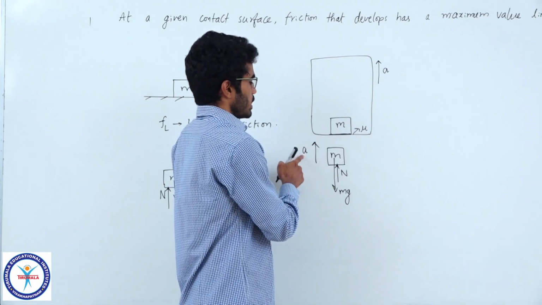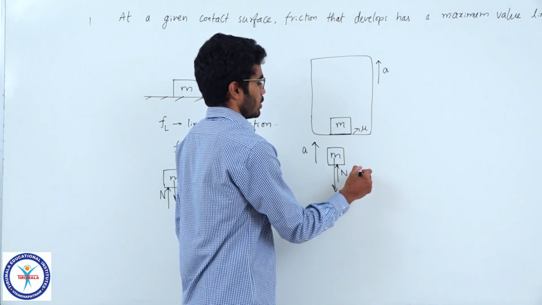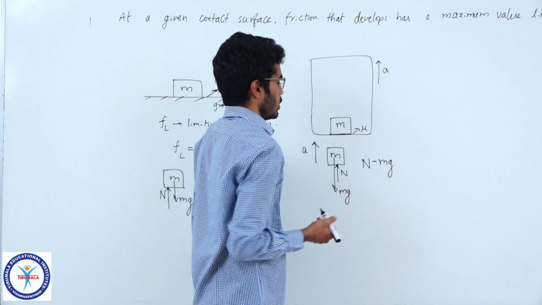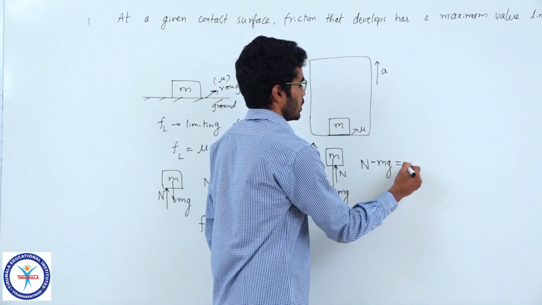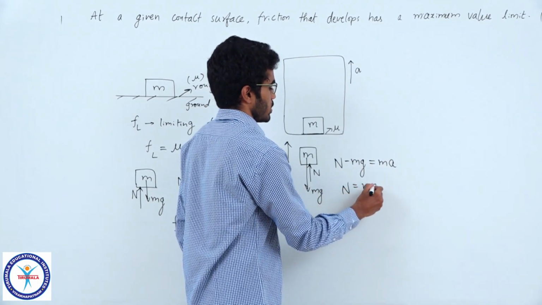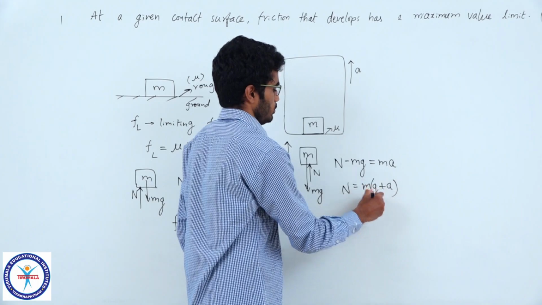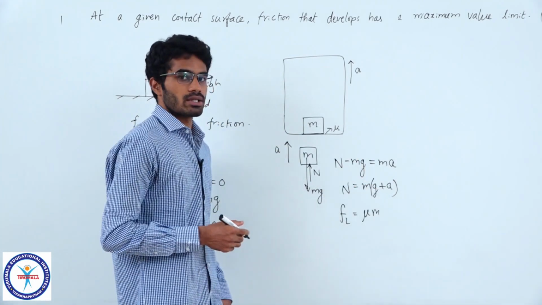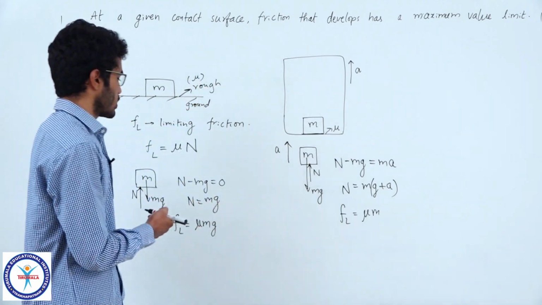So, now since it is accelerating upwards with acceleration a, how do you write the equation for Newton's second law? The net force is equal to mass into acceleration. Now, this gives you normal reaction as m(g plus a). In this case, as you see, the normal reaction is greater than the previous case, which is mg.